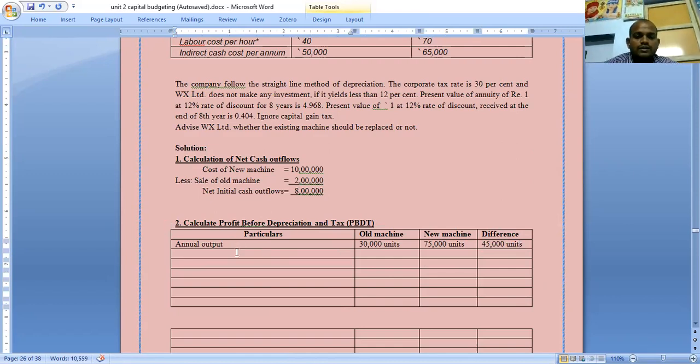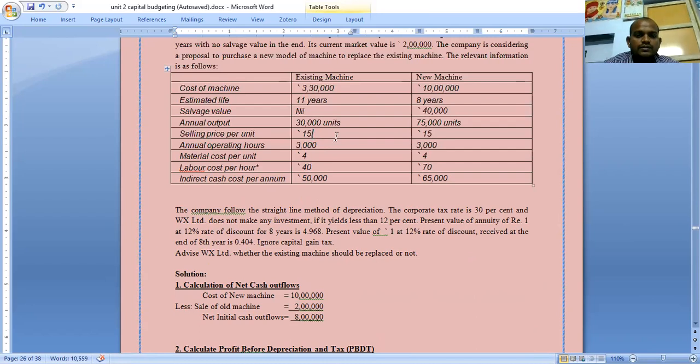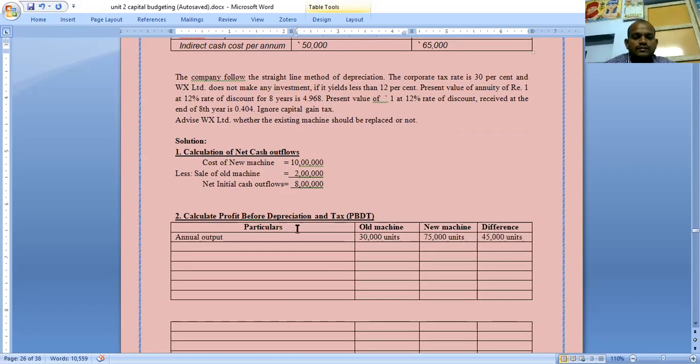Next one, sales per unit, that is 15 rupees in both cases. So 15 into 30,000 and 15 into 75,000. Sales is 4,50,000 and 11,25,000. The difference is 6,75,000.